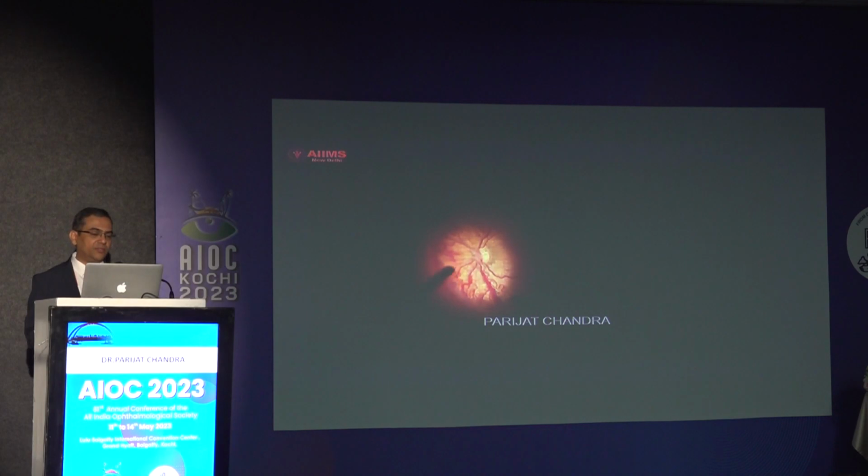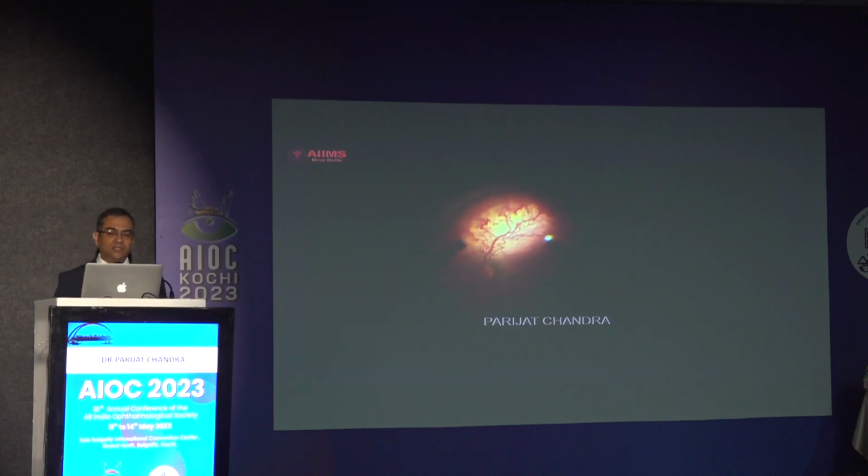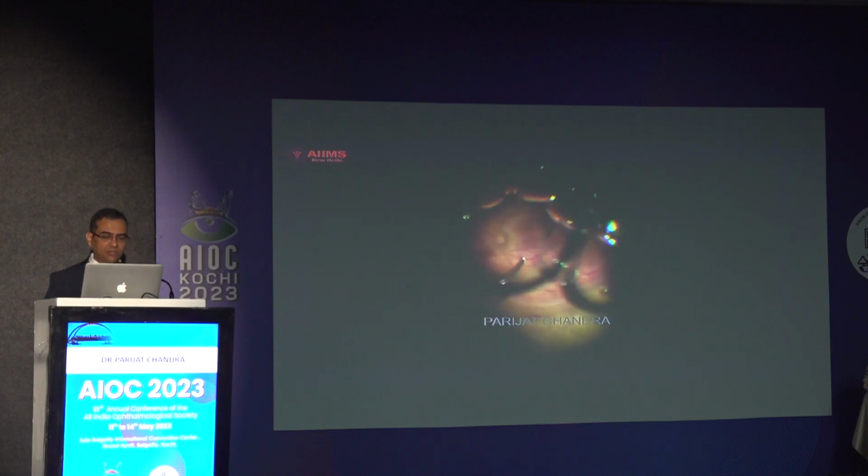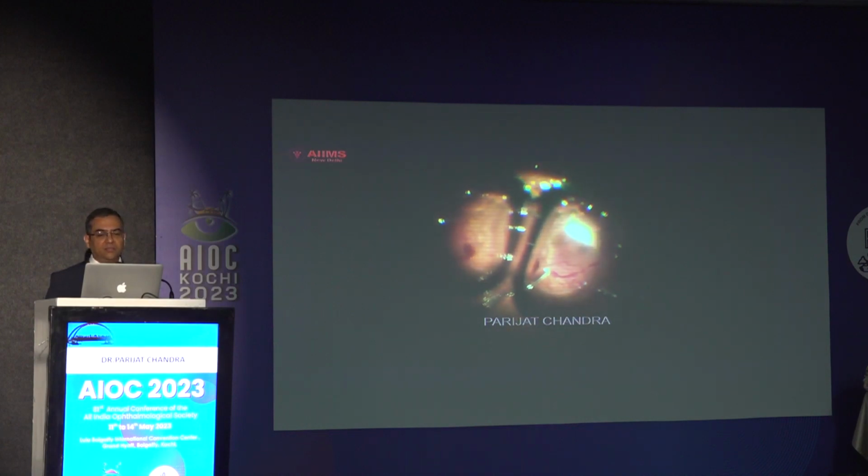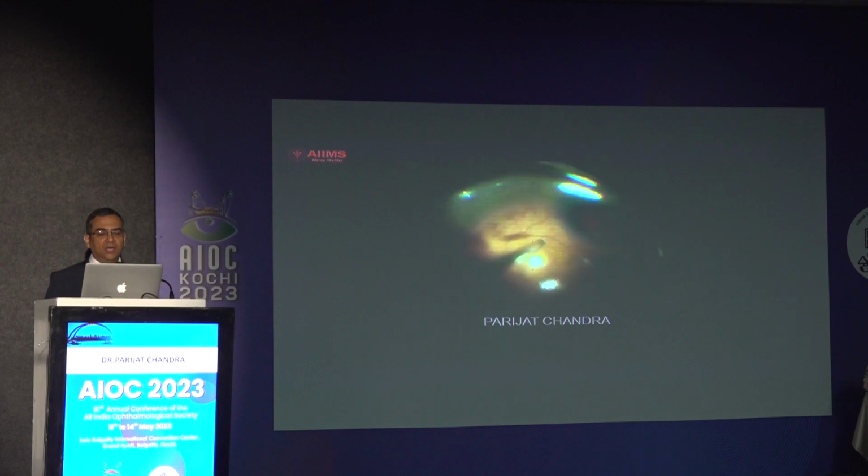Then just to show you how vascular the thing is, just by doing surgery alone, this is not going to go away. So in the end, I'm just going to inject anti-VEGF in this eye, and you can see here anti-VEGF is going under air.